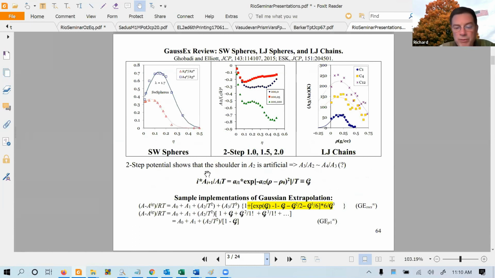One other thing I would make the point of is that in this 2015 paper for square well spheres, we found some basis for rationalizing that we could make an expansion beyond, if we approximate the fourth order contribution as this ratio of A4 over A3, and then we just say that that ratio maybe continues for A5, A6, A7, then we can get a closed form solution to infinite order.